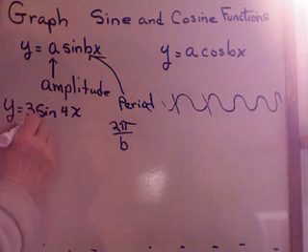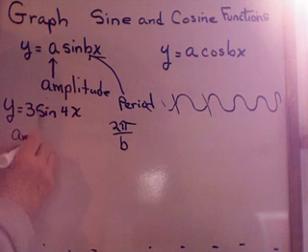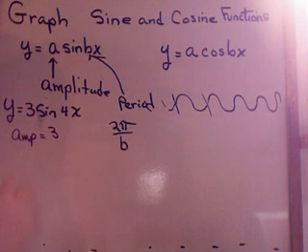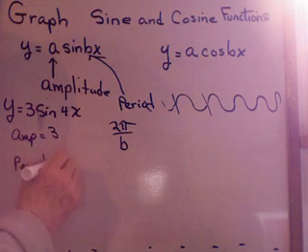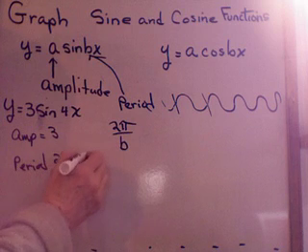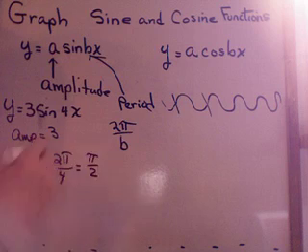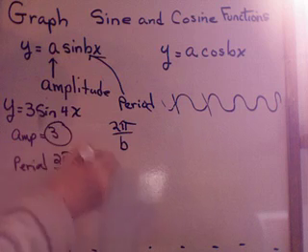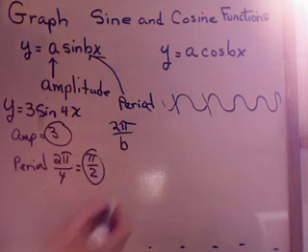What that means is the amplitude is 3 and the period is 2 pi over 4, which is pi over 2. These are key points when I'm doing a sketch of the sine curve.